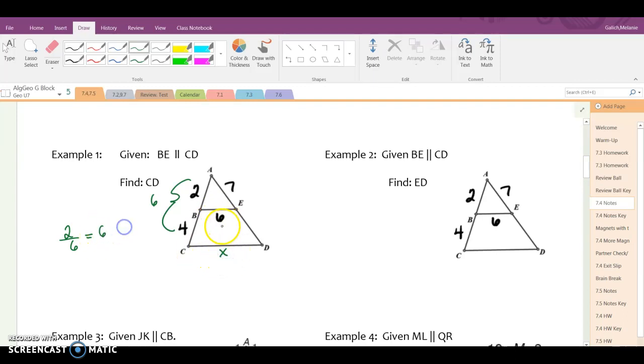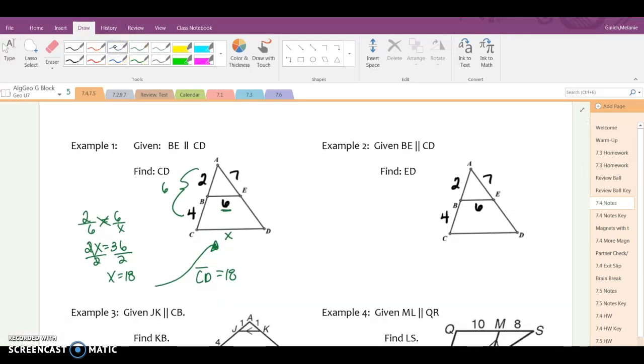It's the new 6 right here. We know that a fraction equal to a fraction, we cross multiply. So we get 2X equals 36, divide by 2, and X equals 18. Our X in this case was CD, so CD is equal to 18.